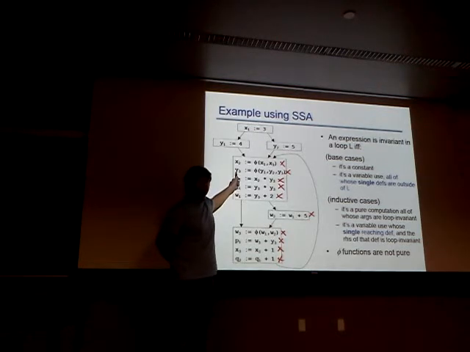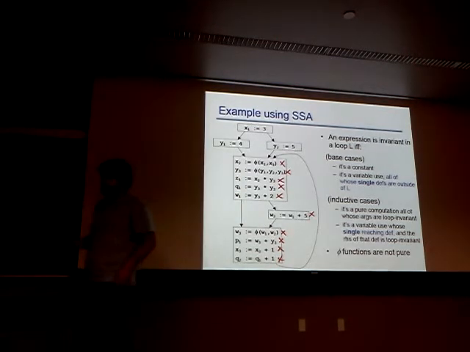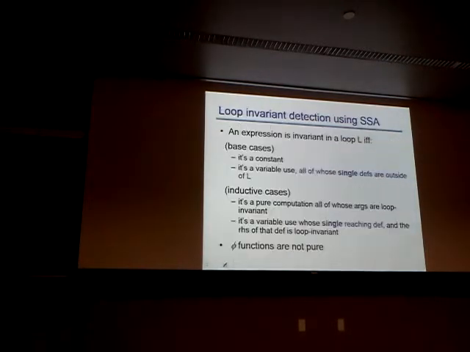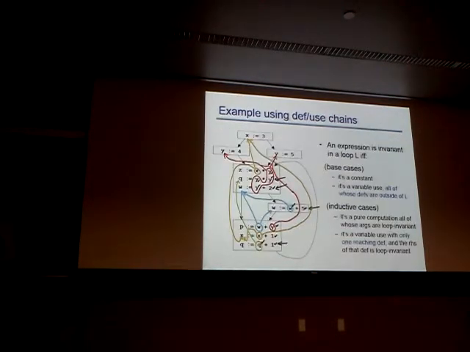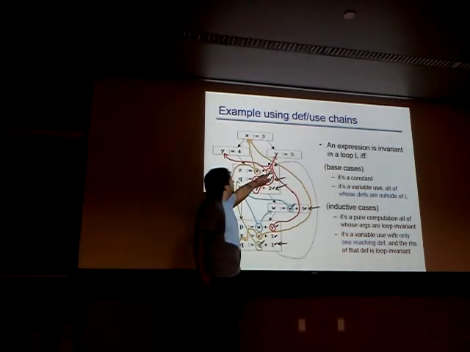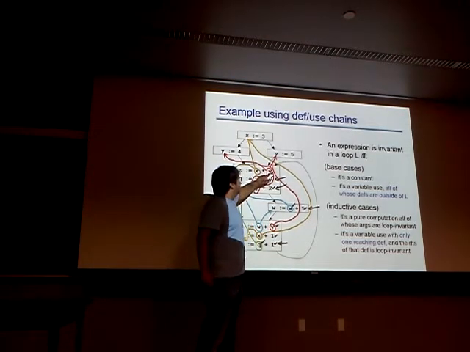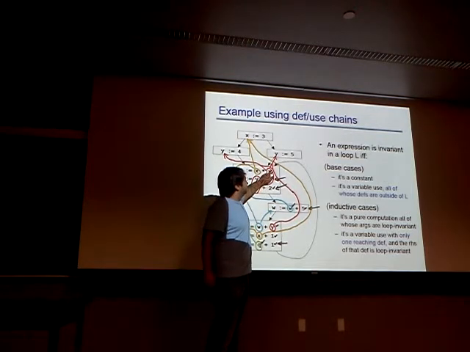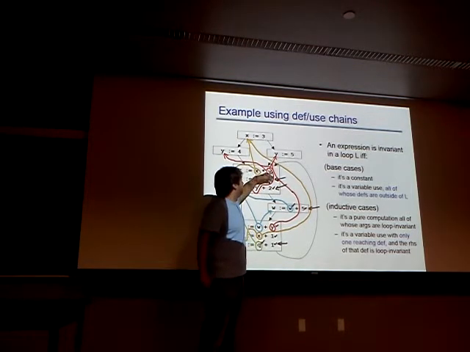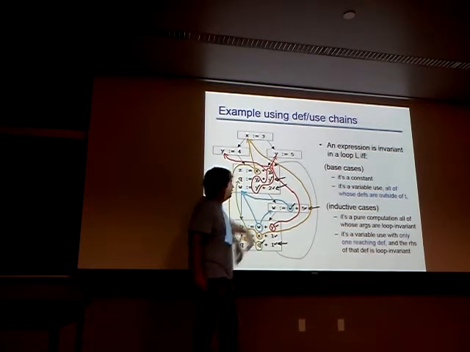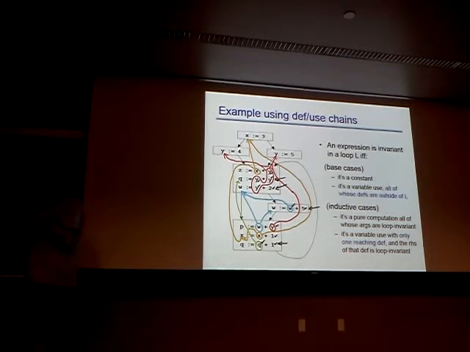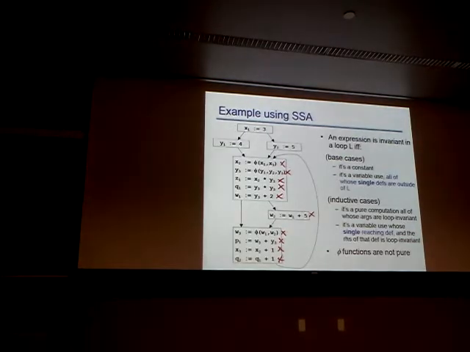But this Y, if you look at the previous example, we were able to figure out that Y has two reaching definitions, and they're both outside of the loop, and so we labeled Y as loop invariant, and then we were able to figure out a lot of things based on that Y. But now we are not able to do it because we have this phi node here at the beginning of our loop.